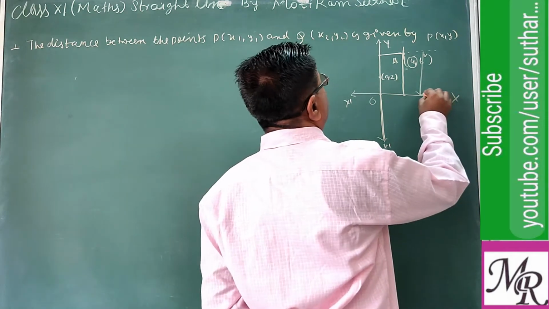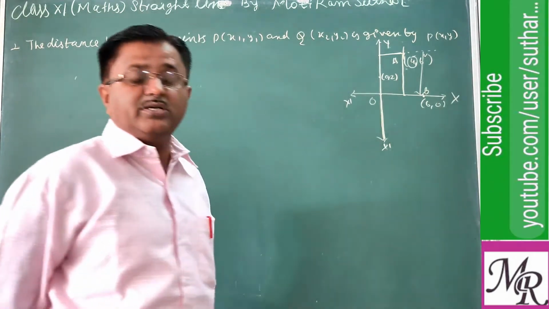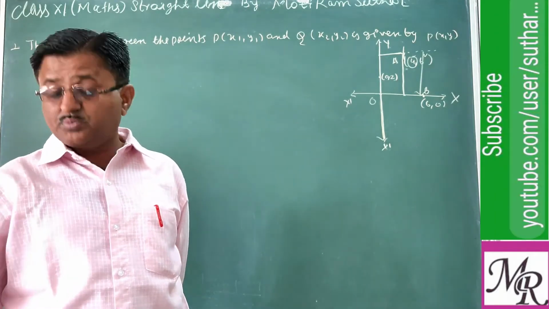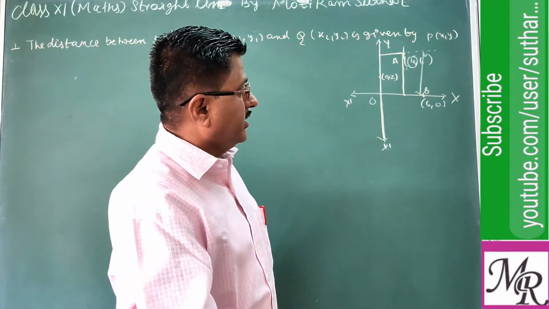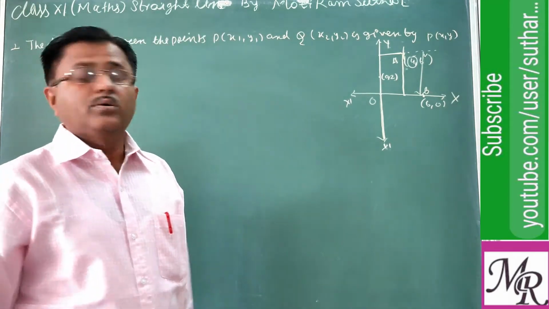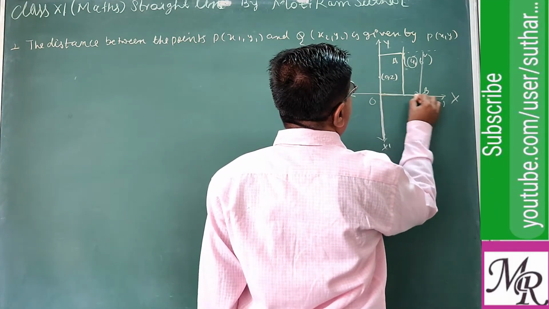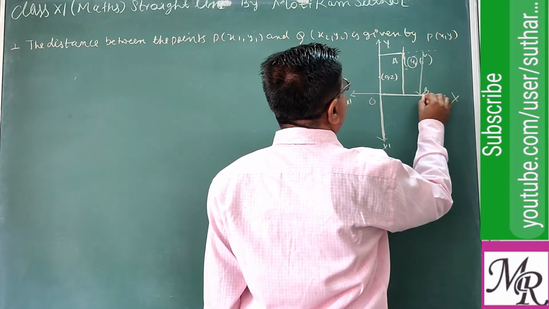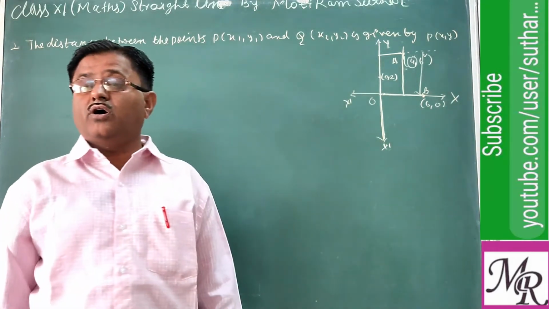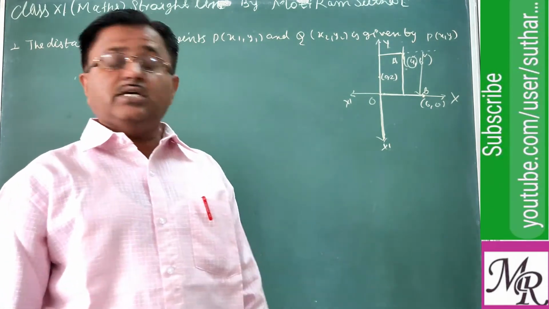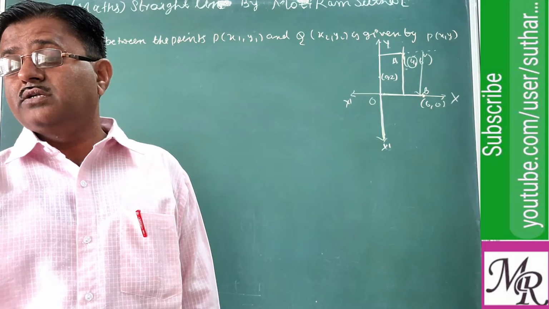Similarly, suppose you take another point B which is lying on the x-axis. It means this point is 6 units away from the y-axis, measured parallel to the x-axis, and its distance from the x-axis is 0 because this point lies on the x-axis.